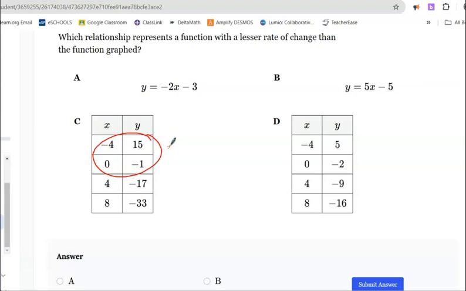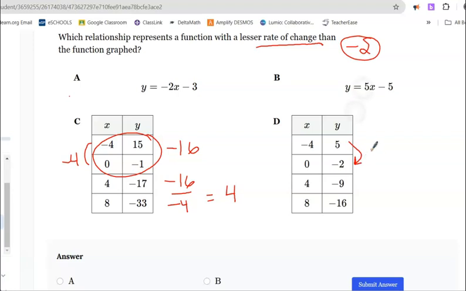This one looks like it's going down 16 and down 4. -16 over -4 is +4, which is not lower than -2. That's our target. So here it looks like we go down 7 and we go up 4. -7/4 is -1.75. So that means D is the right answer.